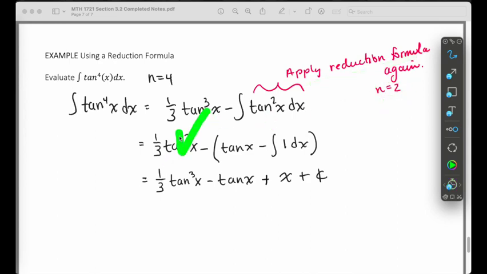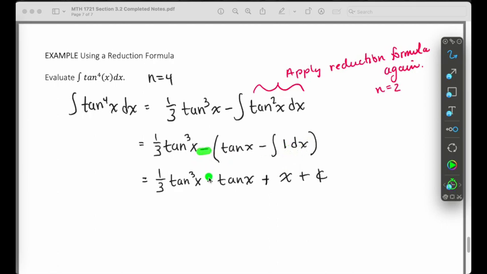So this is going to get carried down. I'm going to have minus, and then inside here is going to be this integral with the reduction formula applied again. So when I apply the reduction formula again, I get tan x minus, I'm going to get 1 because I'm going to get tan x to the 0 power, which is just going to give me 1 dx.